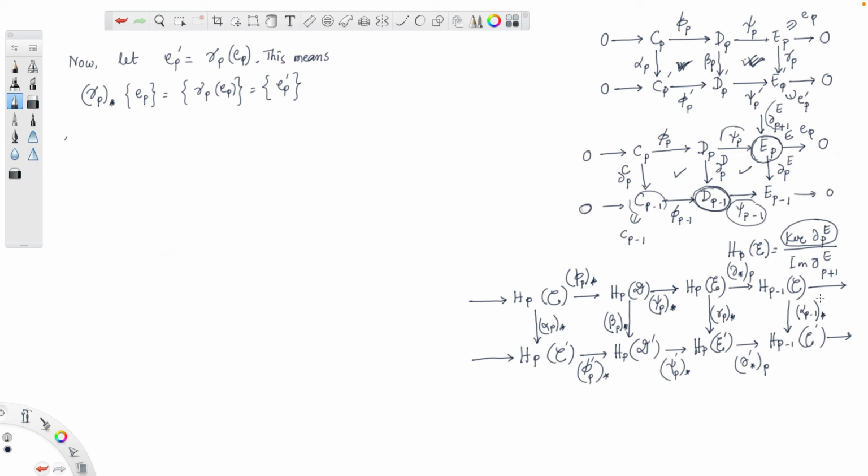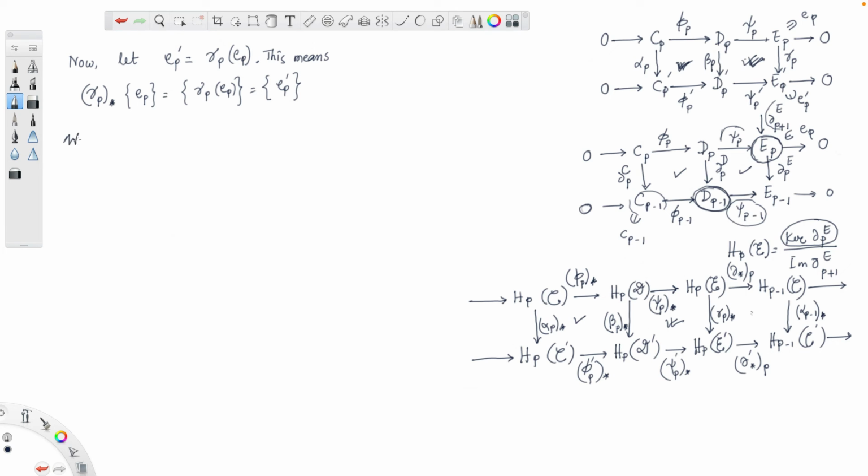Okay, so we already proved that this square is a commutative square. We also proved that this square commutes. We have to prove that this square commutes as well. Okay, so let me write down what we need to prove.